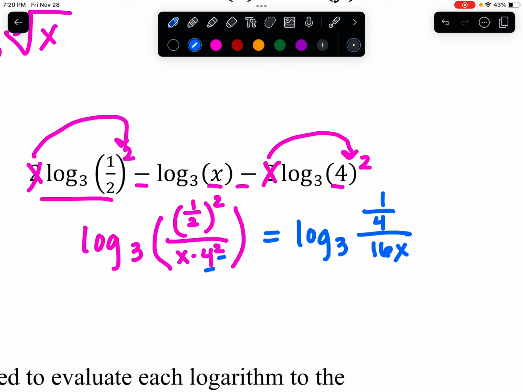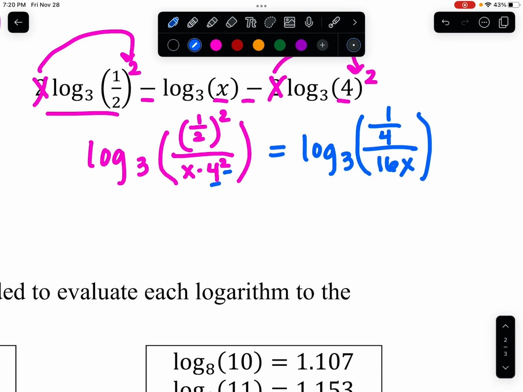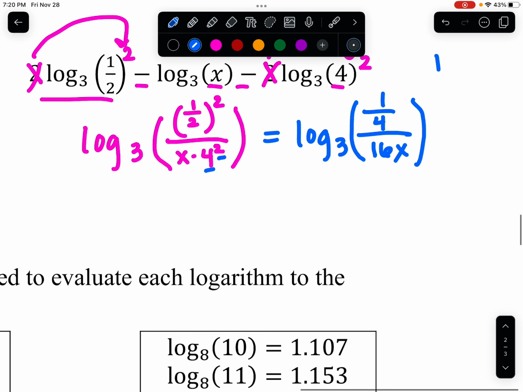Now, I don't really like that either, right? If you were to give me that on the test, I might be like, I guess that's okay. But I would hate that with a passion. So in my calculator, I can go 1/4 divided by 16.